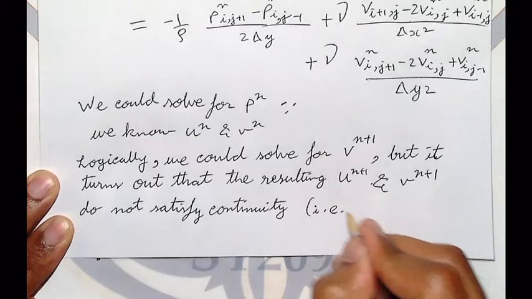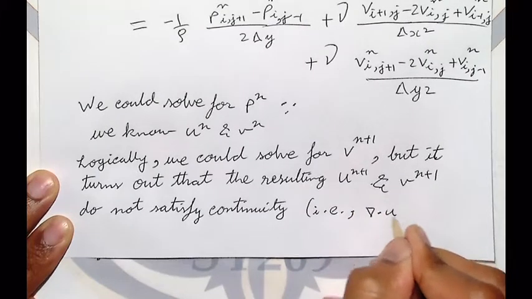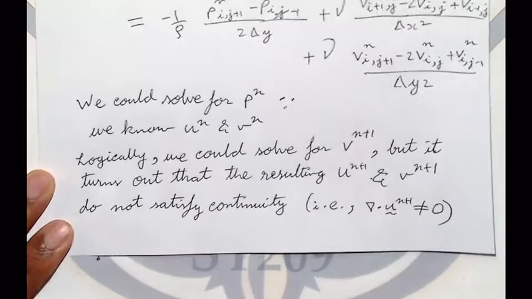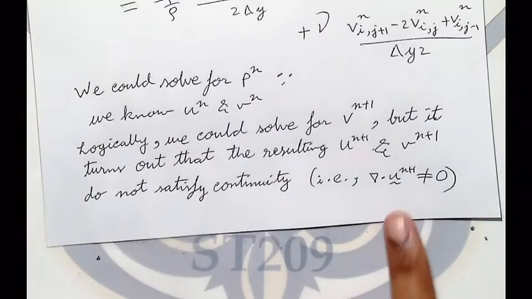Which is, divergence of the velocity vector at n plus 1 is not equal to 0. That is a big problem because we said to conserve mass, we need this to be equal to 0. Is it clear what the problem is?